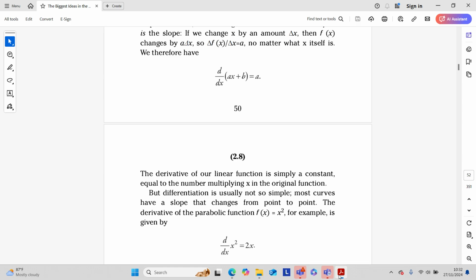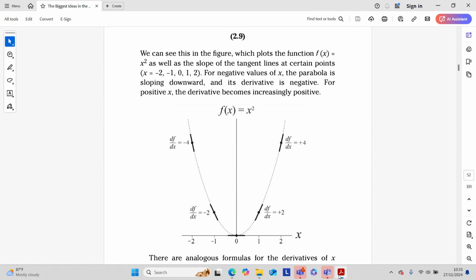But differentiation is usually not so simple. Most curves have a slope that changes from point to point. The derivative of the parabolic function f(x) = x squared, for example, is given by d(x squared)/dx = 2x.